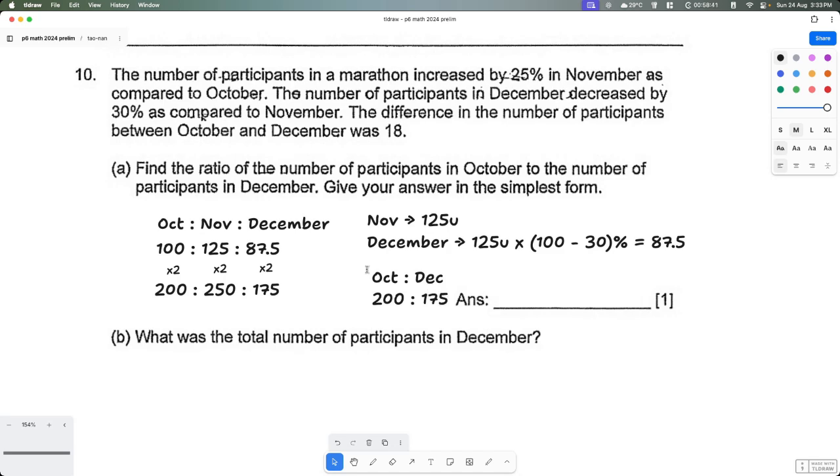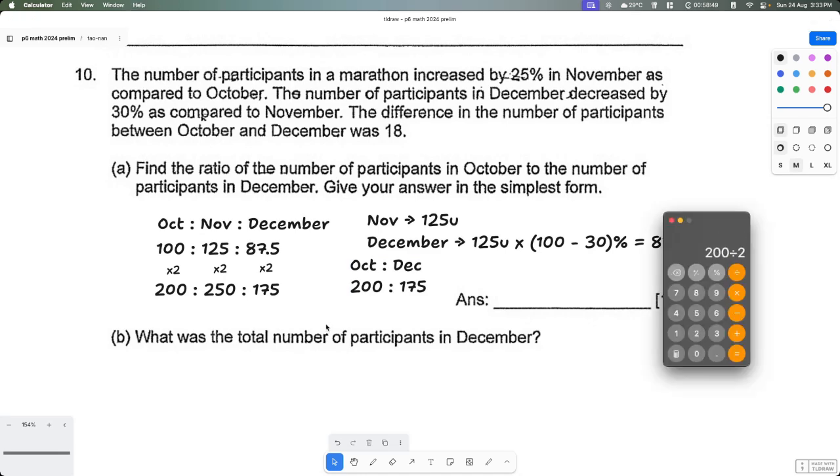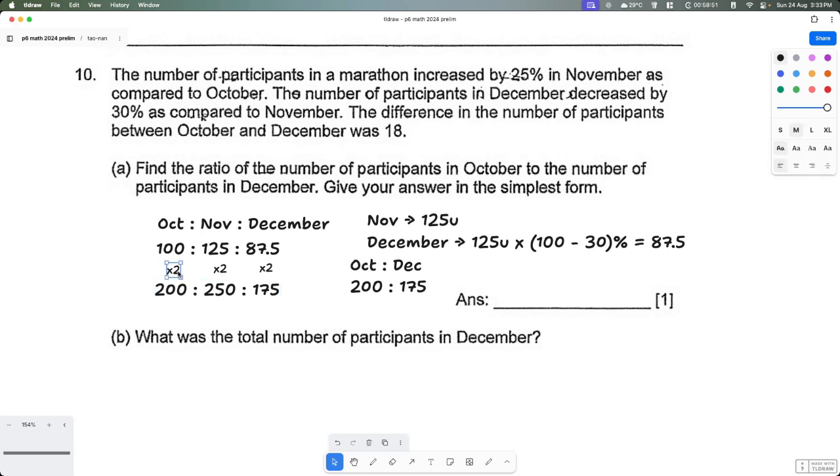Then we can divide this by 25. So 200 divided by 25 is 8. So let's do that: divided by 25, and then divided by 25.